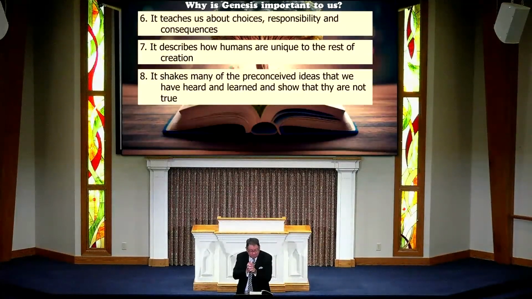So then, where did I leave off at? 6. Then God said, let there be an expanse in the midst of the waters, and let it separate the waters from the waters. And God made the expanse and separated the waters which were below the expanse from the waters which were above the expanse, and it was so.